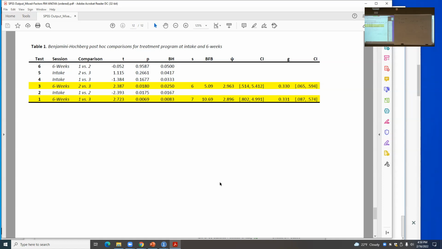Here at our 3 index, we've got at 6 weeks, 2 versus 3. Our p-value is 0.018, but our Benjamini-Hochberg comparison was 0.025.